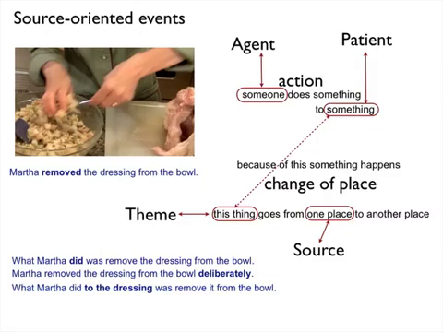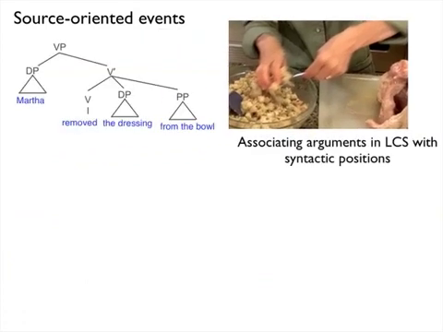You can't always use this as a way to designate what the patient is, but it can be helpful. So loosen, dislodge, disengage, extract, all of these would be verbs of removal. Remove the dressing from the bowl, extracted the dressing from the turkey. You could do all kinds of things, right?